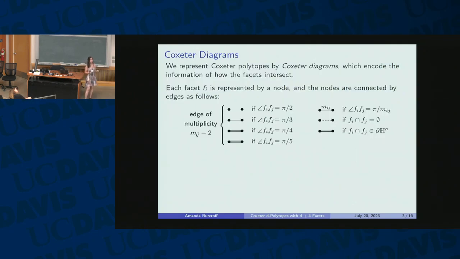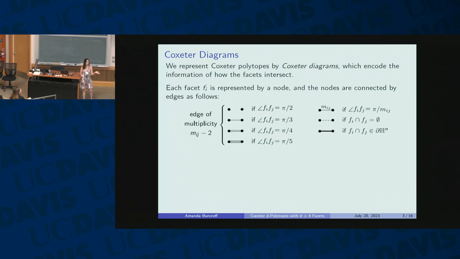One way in which we often keep track of the information about how facets intersect in a Coxeter polytope is by looking at a Coxeter diagram. A Coxeter diagram is going to have a node for each facet of your polytope, and you're going to connect these nodes by lines based on the intersection of those facets.